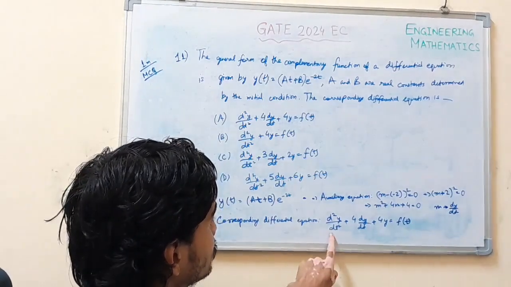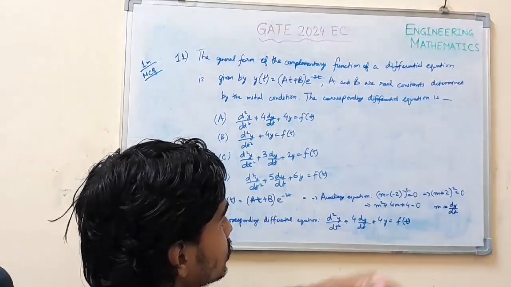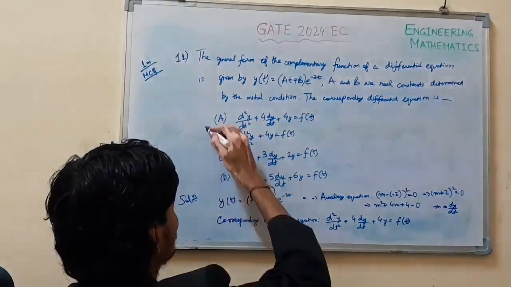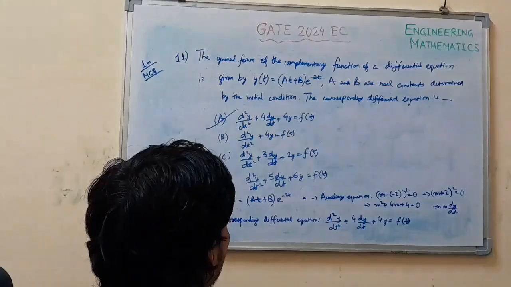So the corresponding differential equation is d2y dt2 plus 4 dy dt plus 4y equal to f of t. So that answer for this question is option A.